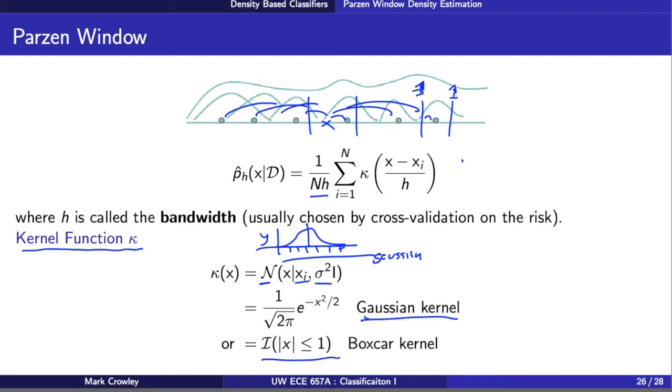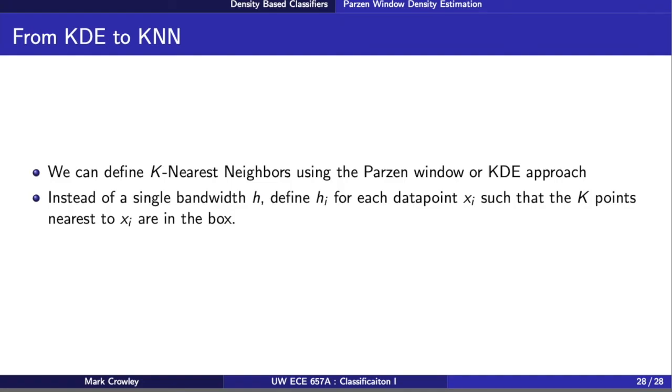Right, and so we can define k nearest neighbors using KDE. One of the simplifications of the Parzen window process is only one bandwidth for all the points. It's the same actual space around them, whereas in k nearest neighbors, it's adaptive, right?